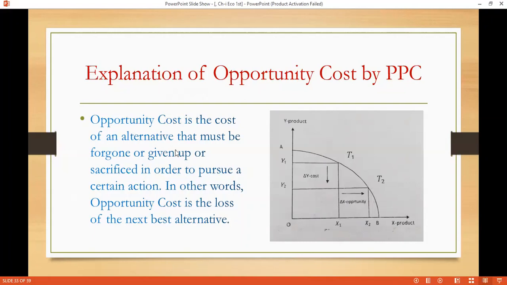Again, I'm giving another example. Suppose there is one marker in my hand. The resources that are needed to produce this marker are called explicit cost, that is land, labor, capital, organization. These are factors of production, or resources, that are needed to produce the marker.